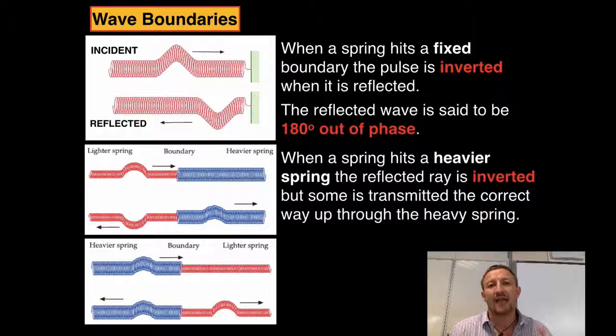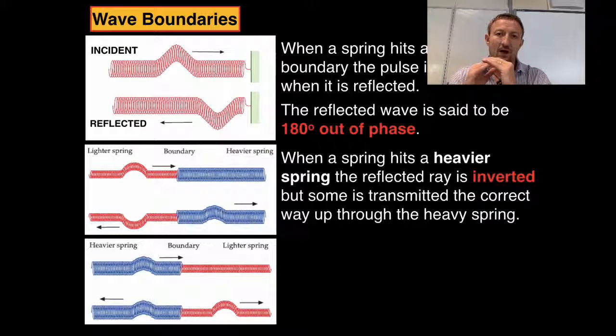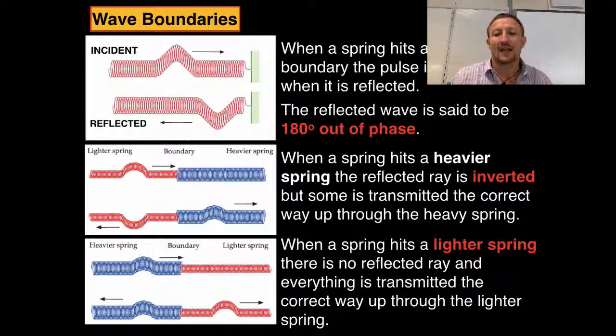And finally, if we've got a wave passing through a heavy spring going into a lighter spring, some of the wave energy is passed through the lighter spring, but it's the correct way up, and some of the wave is passed back through the heavy spring, and that is also the correct way up, as we can see here in the final diagram.